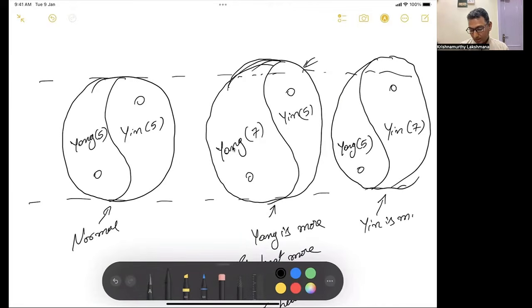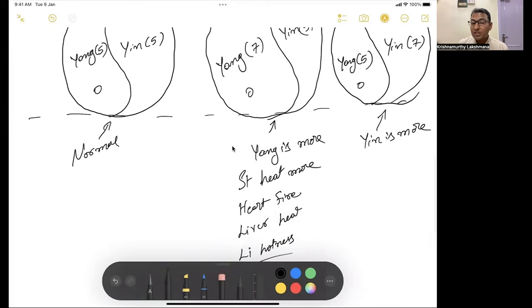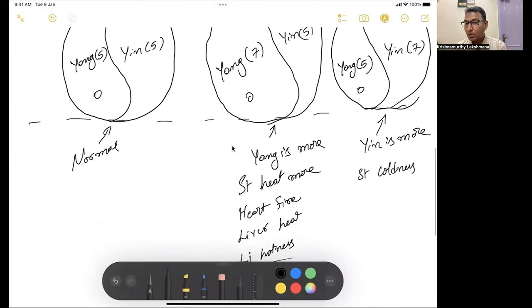Yin is more, right? So what do we call this situation, where there is more yin, like coldness is more? If the coldness is more in the stomach, we call this stomach coldness. Or if the coldness is more in, let's say, the lungs, external attack of coldness on lungs.